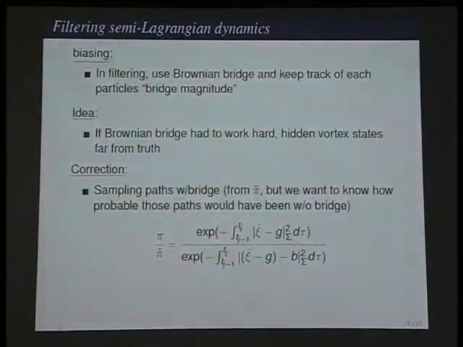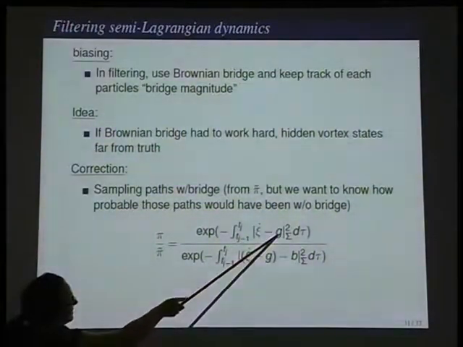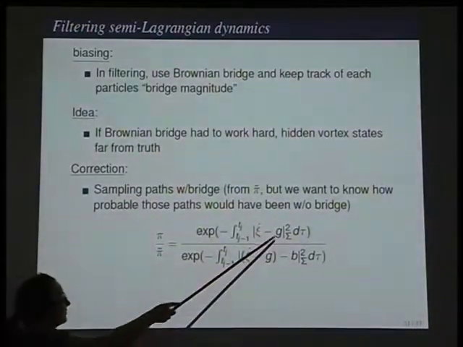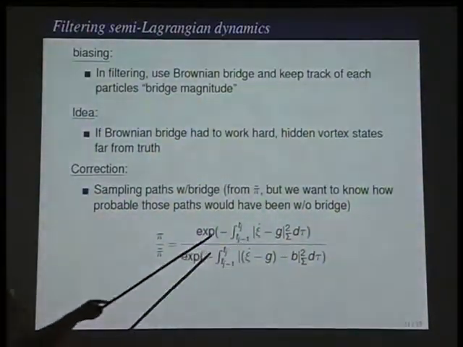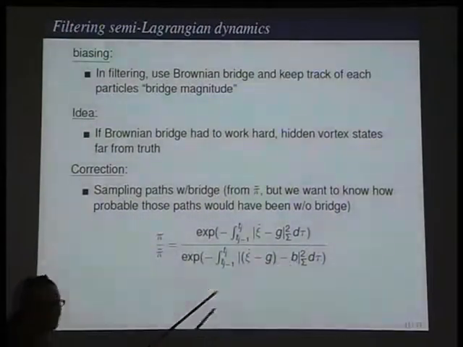So that's the term we're going to see. This is our path, including all the dynamics that aren't the Brownian bridge, all of the drift that's not the Brownian bridge. So this is effectively our noise process. And here's the process we actually sampled from with the Brownian bridge.